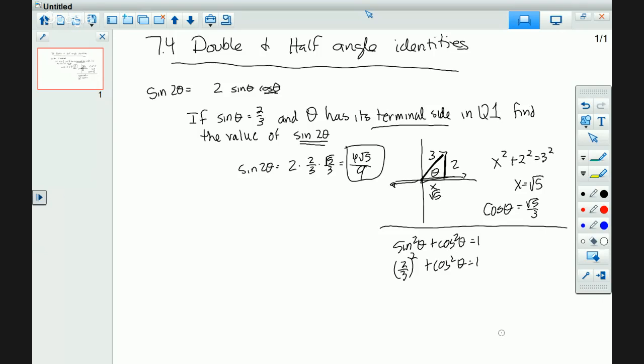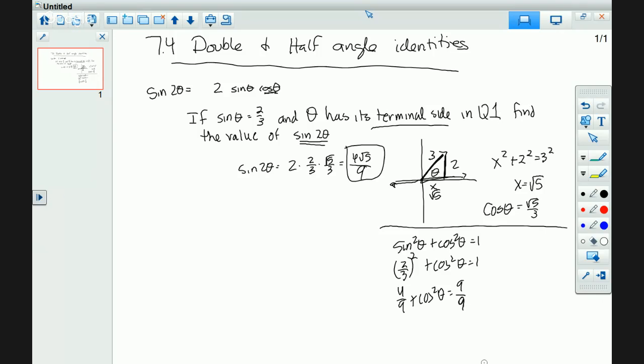Do you want me to finish this one, or do you think you could solve that? You want me to? Okay. 2/3 squared is 4 over 9, right? And I'm going to write this as 9 over 9 because we have common denominators.